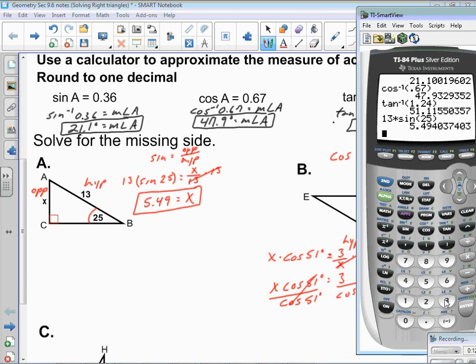And say 3 divided by the cosine of 51. It's going to give me 4.76. Looks to the right, it's 7, so 4.77.